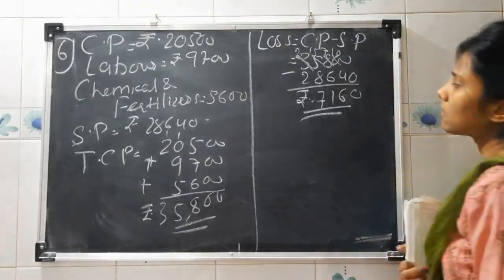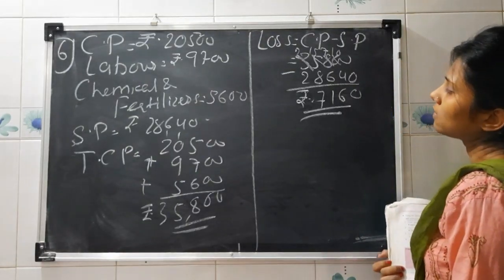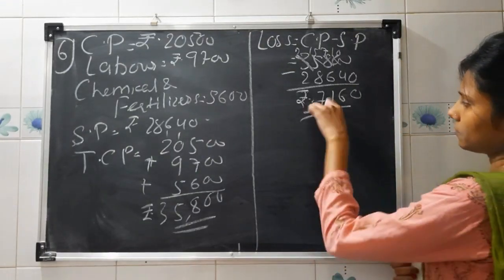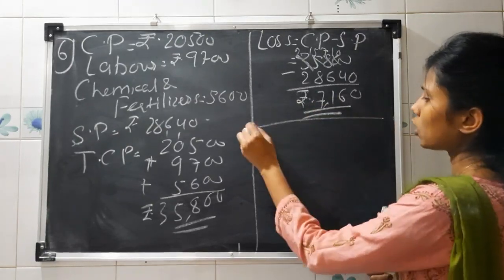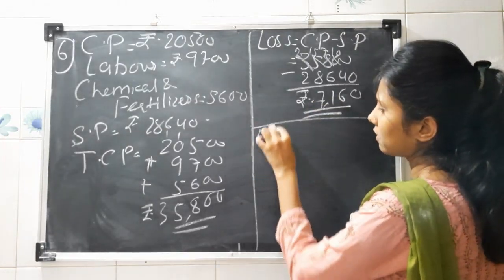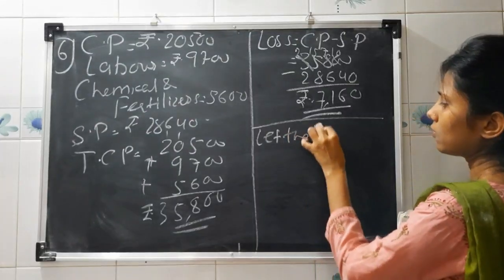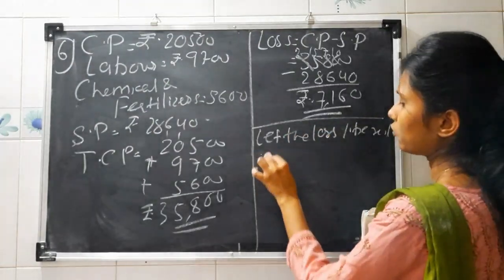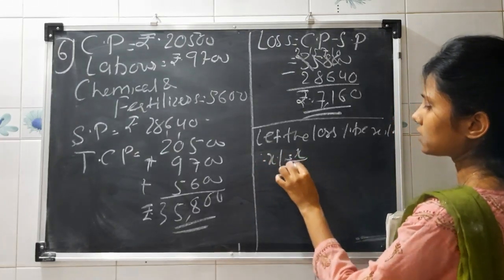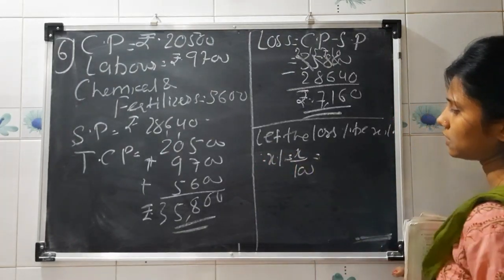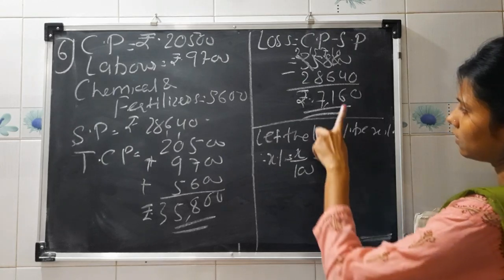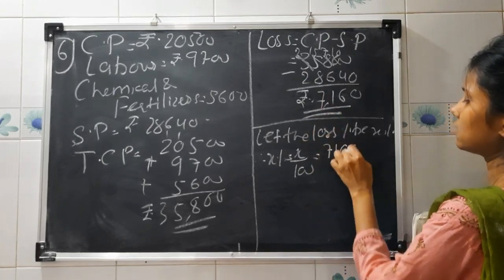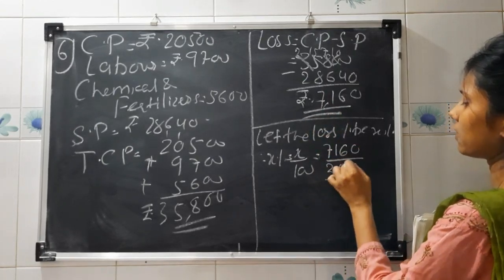So loss incurred is rupees 7,160. Now we have to find out the loss percentage. So let the loss percent be X percent. Therefore X percent is equal to X upon 100, that is equal to loss 7160 upon cost price 35,800.